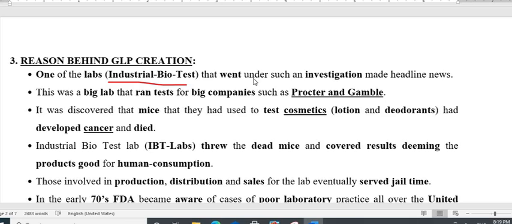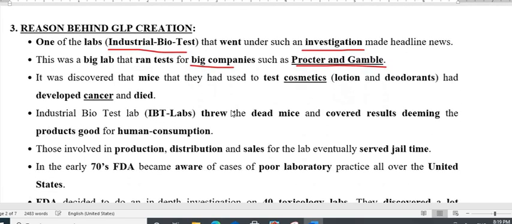So the United States started an investigation, and they found that the IBT lab was performing scientific work for many big-name companies like Procter and Gamble and others. It was doing work on cosmetics, lotion and deodorant used on mice, experimental animals.